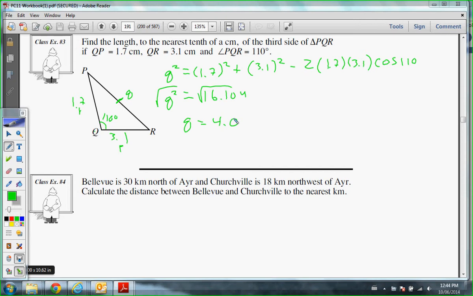So I got 16.10. Okay. Any other issues? All right.